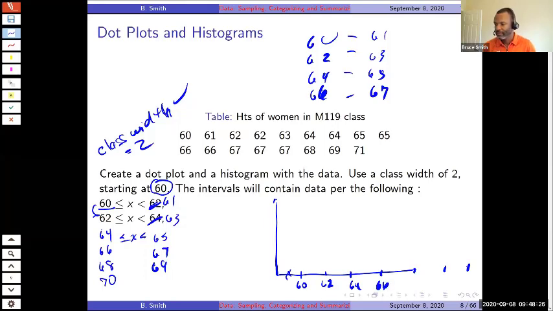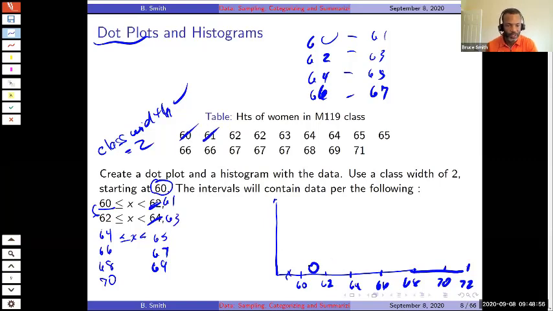I like to call this a poor man's histogram, where initially I'll just do a dot plot. With this dot plot, if I look at 60, I know that there's one person that is less than 62 but greater than or equal to 60.